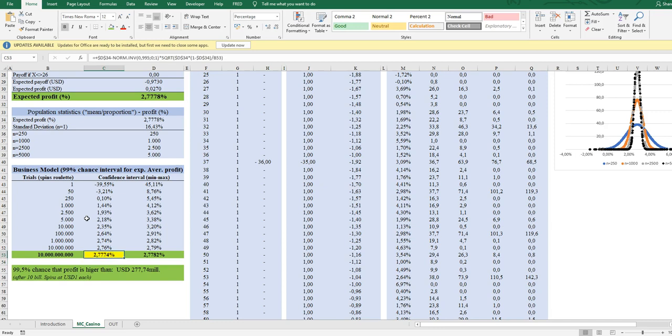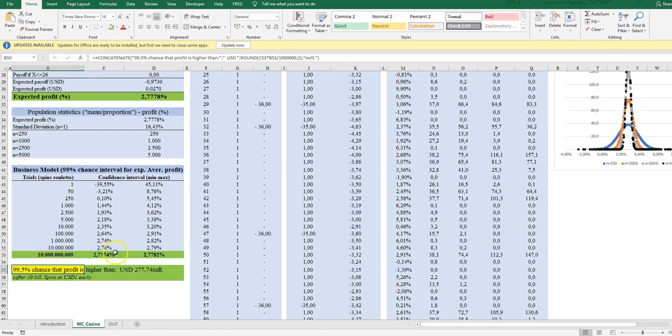If we transform this into money, and we still assume that there has been a play of $1 for each of 10 billion spins, we can say now that there is a 95% chance that the profit will be higher. Sorry, there's an H missing here.